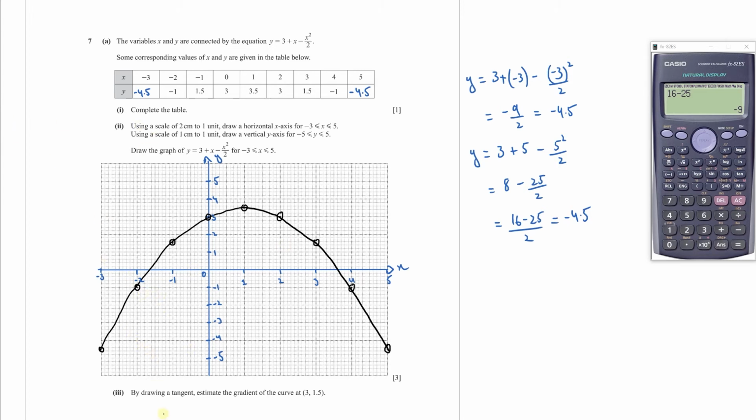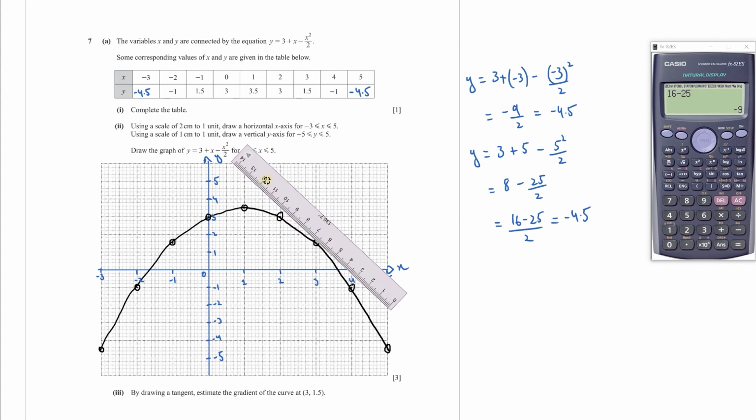So the next part is by drawing a tangent, estimate the gradient of the curve at the point 3 and 1.5. So you're looking for the gradient at this point 3 and 1.5. So what you will do is you will use a ruler to align with the curve such that it only touches the graph at this point.